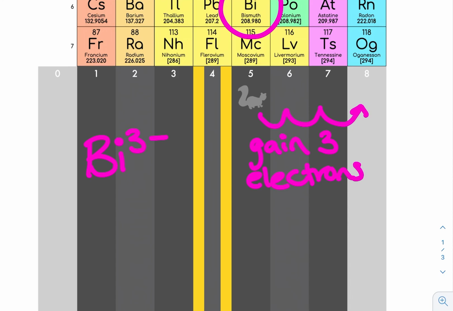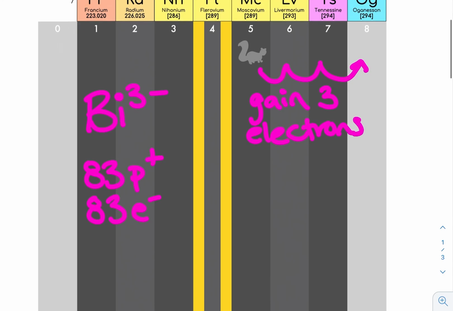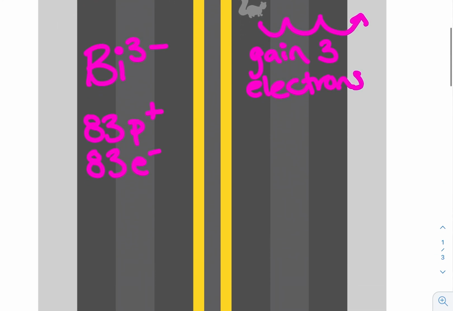To explain this a little bit better, I want to get into details of protons and electrons and the balance that we have. When we say a neutral atom, that's because we have 83 protons and 83 electrons. They're balanced out. If we take our protons minus our electrons, we get 0.